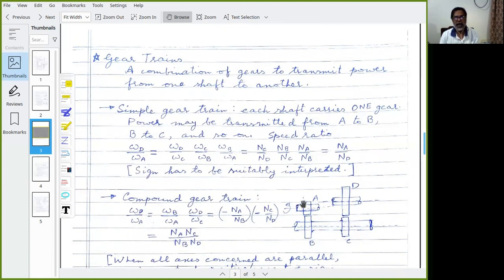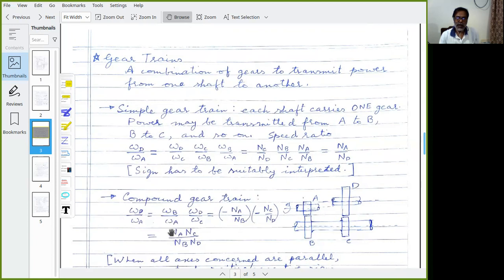Now in this case, if A is a driver which drives B, and C automatically moves with that, and then C drives D, and you want to find the output to input speed ratio, omega D by omega A, then we will say omega B by omega A, and omega B and omega C are the same. Then here you will say omega D by omega C.